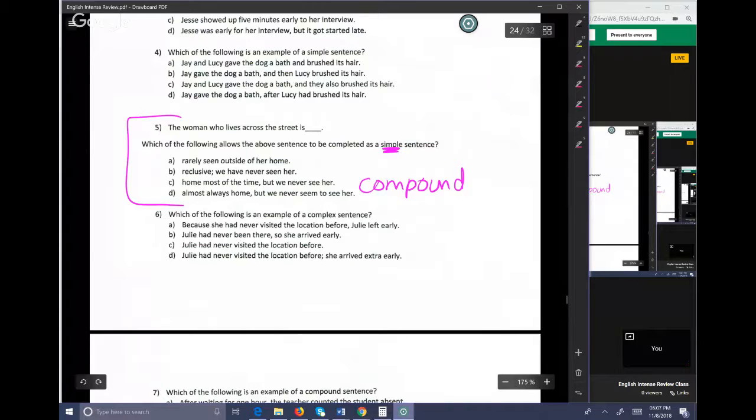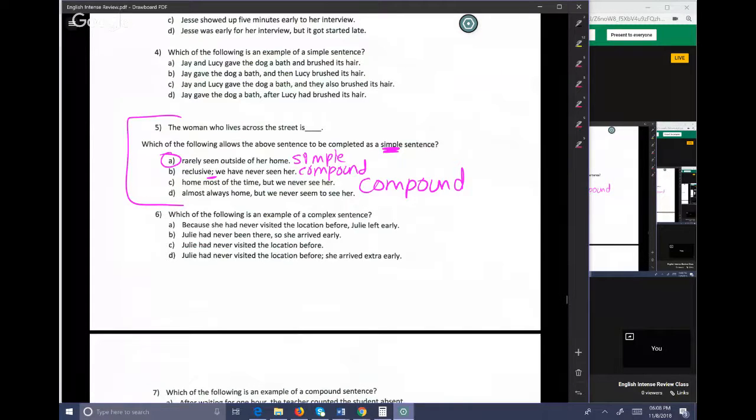That leaves us with A and B. B has a semicolon. A semicolon is a dead giveaway that it is compound. So it's 2 sentences and they didn't even put a conjunction between them. So that would be out. And that would leave A, which is "rarely seen outside of her home." No conjunctions is a simple.